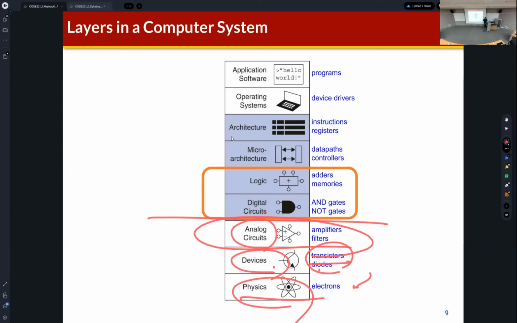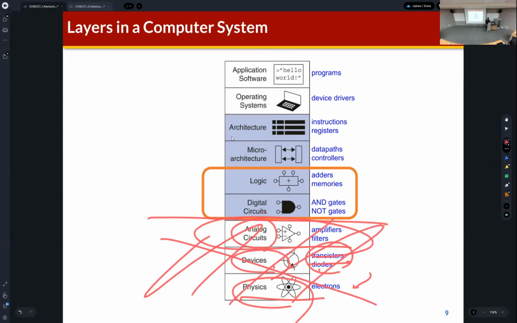The real world is the analog world, not a digital world. To implement real hardware, the signals work like analog signals, which means we need to build analog circuits, but it's very complex. So we will not learn about these layers of the computer system.